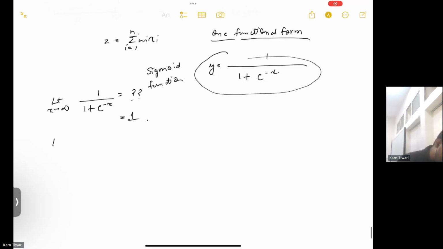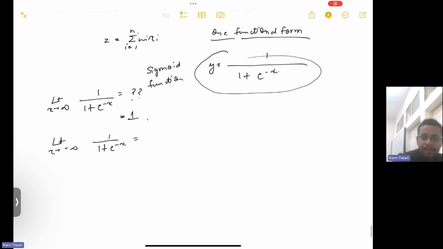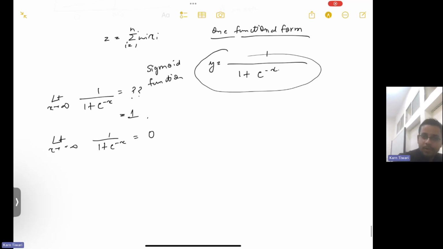And the limit as x tends to minus infinity: we have e to the power minus x, and minus of minus infinity is positive infinity, and e to the power of any positive infinite quantity is again infinity. So 1 divided by infinity is 0. So this limit is basically 0.